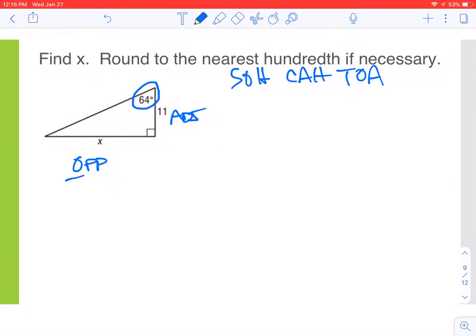I have O and A. Which one has O and A? We're going to use tangent. So the tangent of 64 equals the opposite, which is x, divided by the adjacent. And now we just do some algebra.